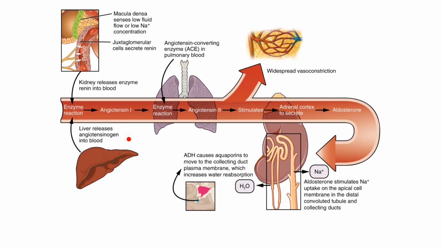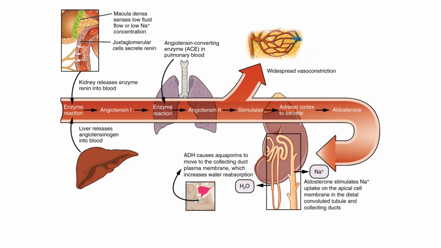The liver releases angiotensinogen into the blood. Angiotensinogen is inactive. It's floating around doing nothing. It only appears when the kidney, from a certain group of cells, the juxtaglomerular cells, releases renin, then renin catalyzes an enzymatic reaction.